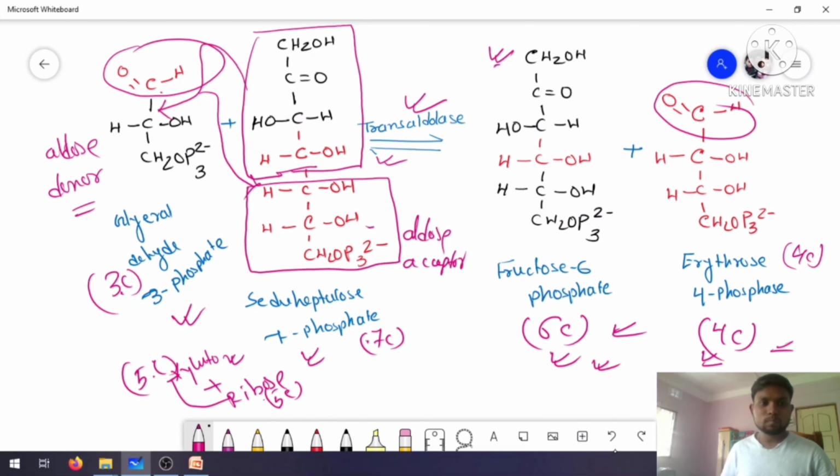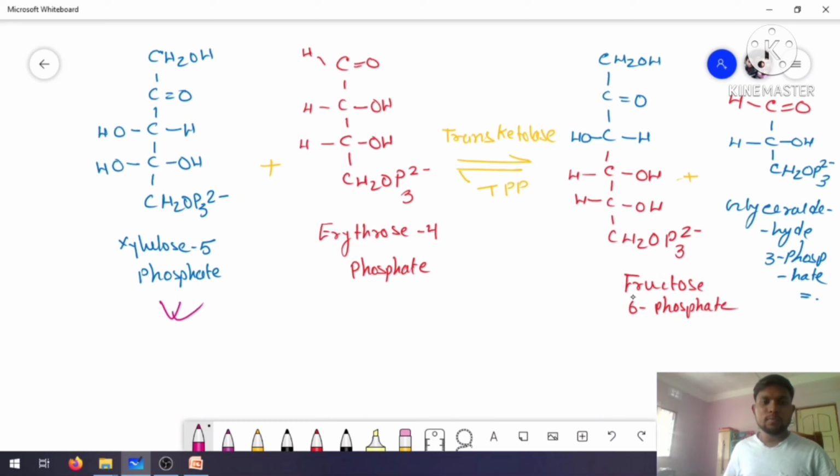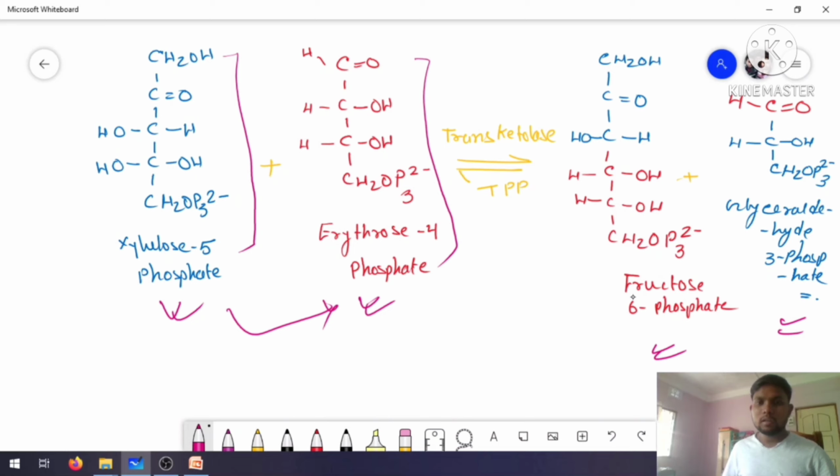Okay. As I told you, xylulose 5-phosphate and erythrose 4-phosphate will shuffle with each other and give rise again to fructose 6-phosphate and glyceraldehyde 3-phosphate. As you see, I have given different colors. They will rearrange and give rise to these two molecules.